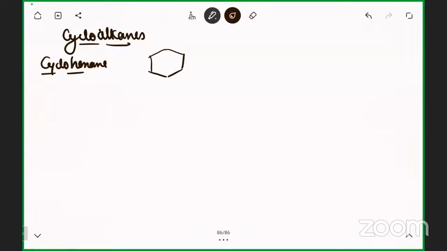So if I say cyclic structure, okay, and here you can see all the carbons are singly bonded. So just tell me, what hybridization does a single bond have?